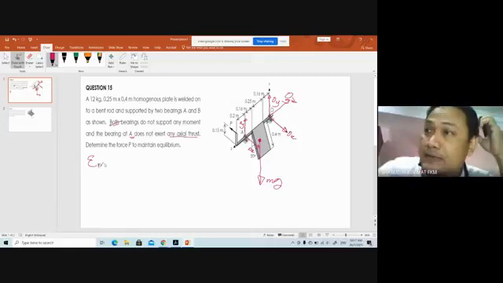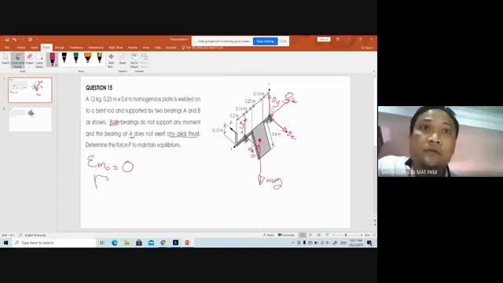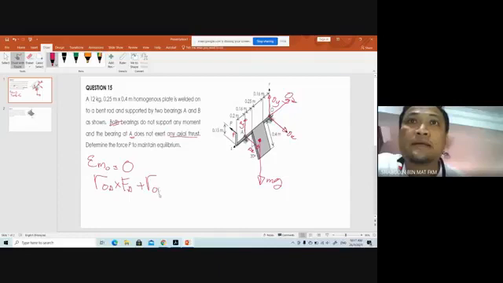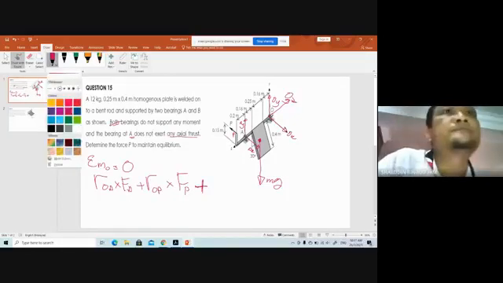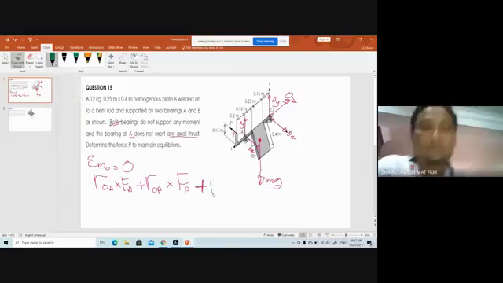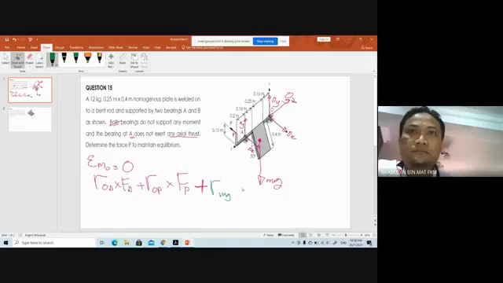Taking moment at point O equal to 0 is equal to R from O to A, cross product by force A, plus R from O to point P, cross product by force P, plus R to MG, cross product by force mg.